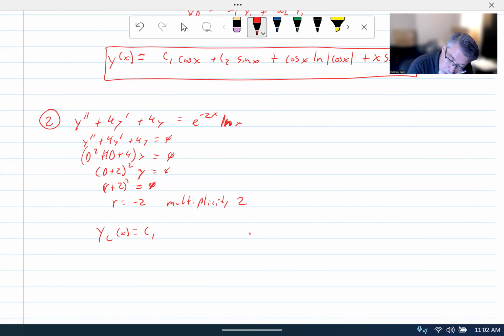be c1 e to the negative 2x plus c2 x e to the negative 2x. It's multiplicity 2, so I have to take into account that there are two cases here. So y1 is equal to e to the negative 2x, and y2 is equal to x e to the negative 2x.